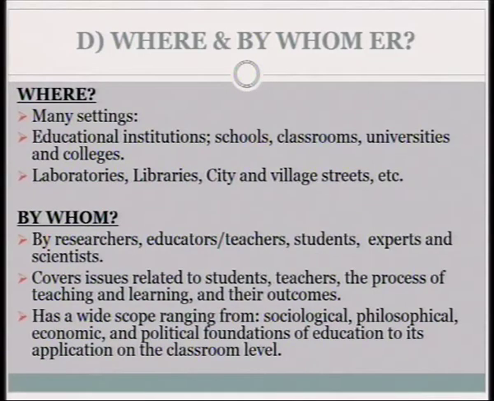And the first one, because the research is in education, so we look at educational institutions like schools, classrooms, universities, colleges, and any other space where education is offered. And we can also do research in laboratories, libraries, city and village streets, depending on what you are looking for. So research can almost happen everywhere, depending on what you are looking for.